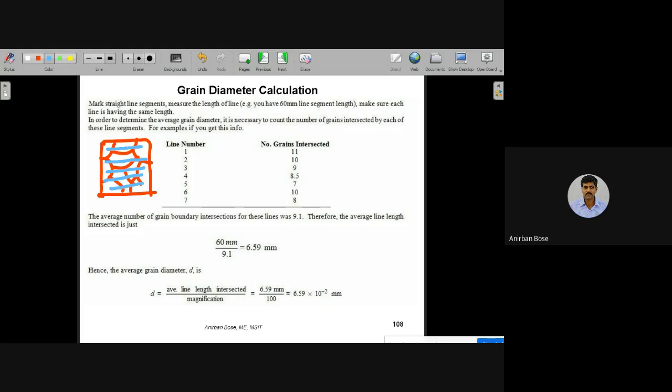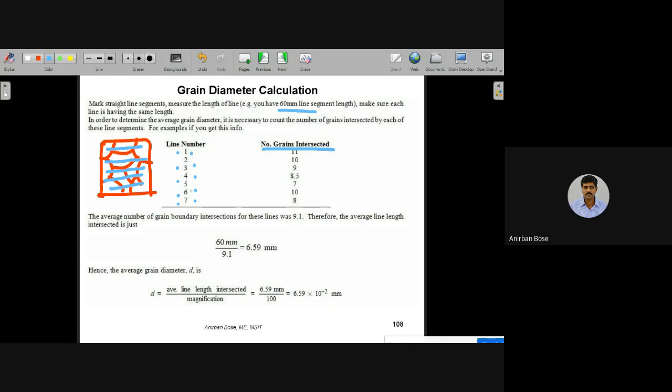In this way, you draw a few lines. Here you can see that 7 lines have been drawn on the structure, and the number of grains intersected by those lines has been recorded. And remember, all these lines have the same length, and that length here is considered a 60 millimeter line.